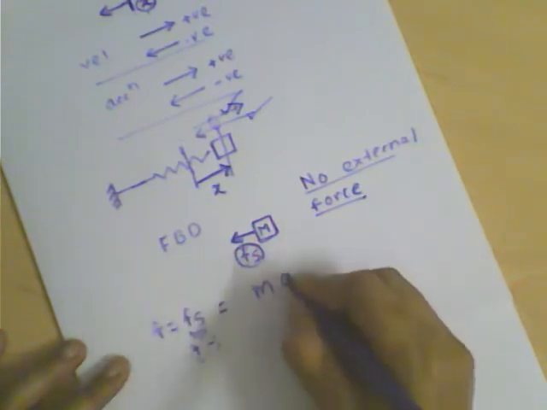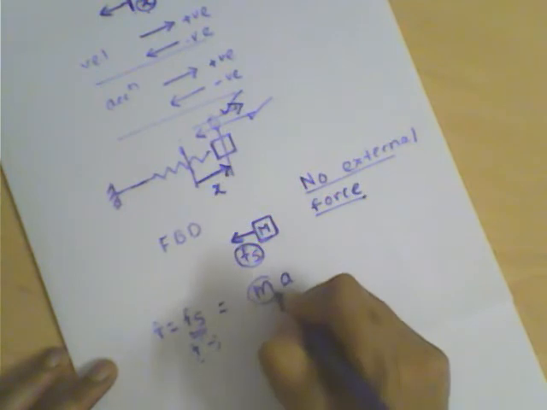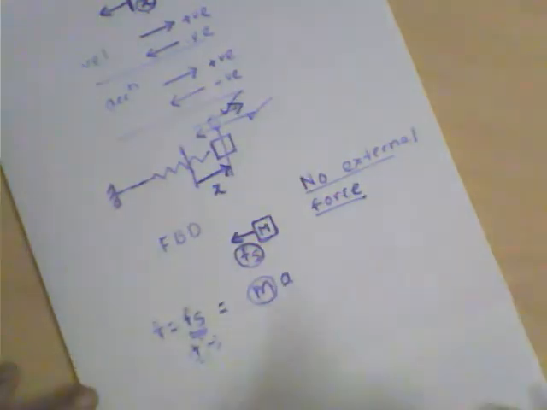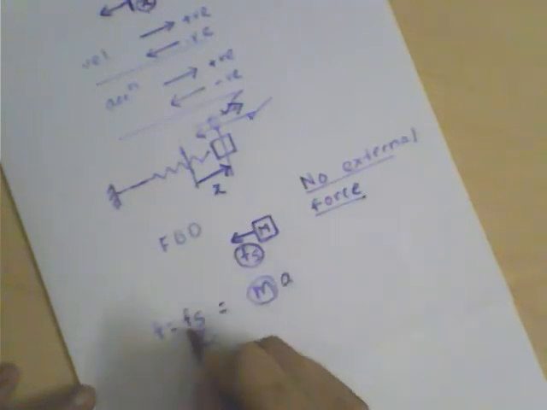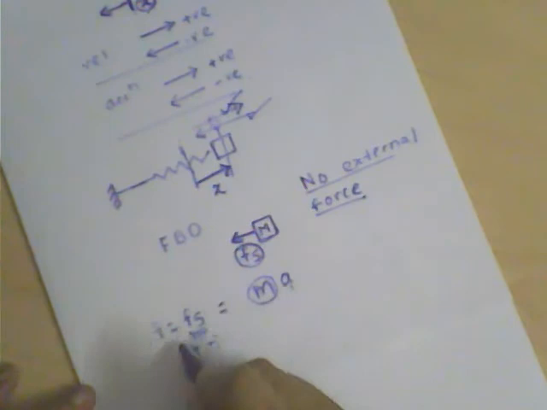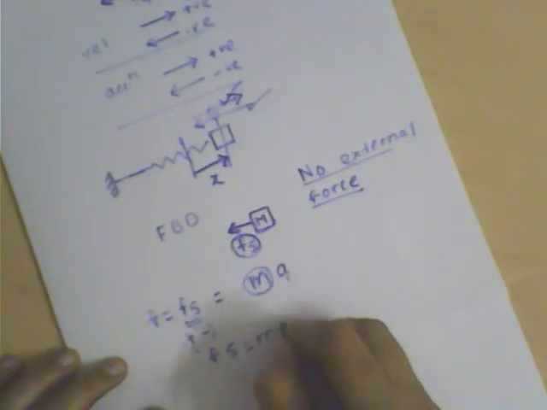Whatever the acceleration is, that will be a function of Fs, and that will be determined by m. And this tells you that the direction of a and Fs is the same. So the equation that we are left with is Fs is equal to ma.